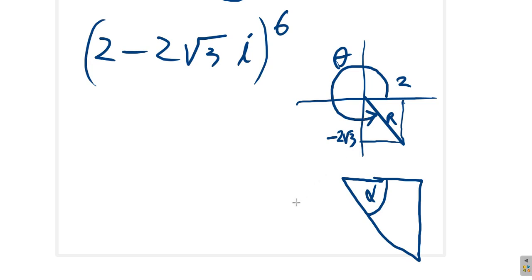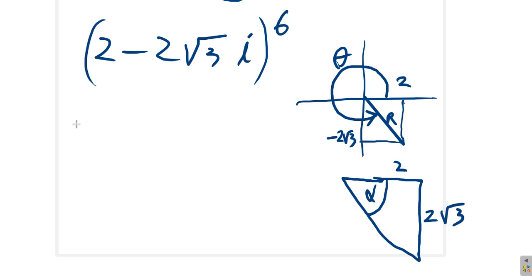Or let's work in pi, in radians. You could work in degrees or radians. Suppose you work in radians. I could even do both of them. So here, the length of this is 2, and the length of this is 2√3.